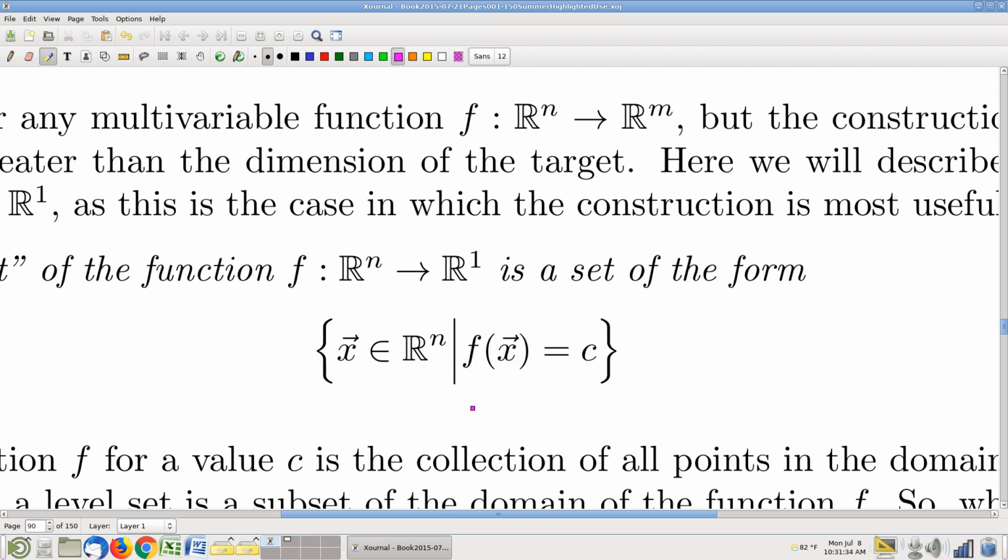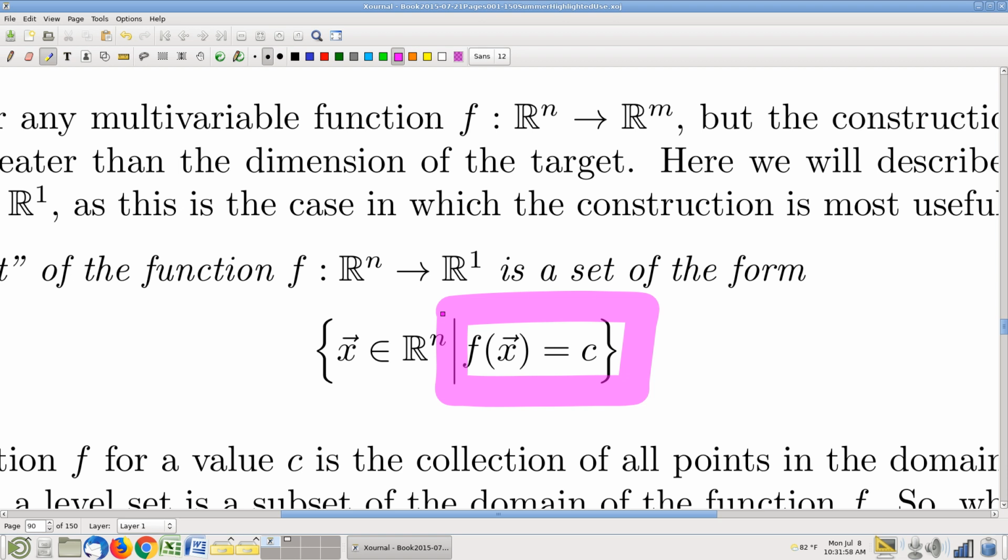Okay, so quick observation. Let's look at this equation here. Let's count variables. How many variables are in this equation? Well, when we were talking about graphs, we had n input variables and m output variables. And so altogether we had n plus m variables, and therefore an n plus m dimensional picture.